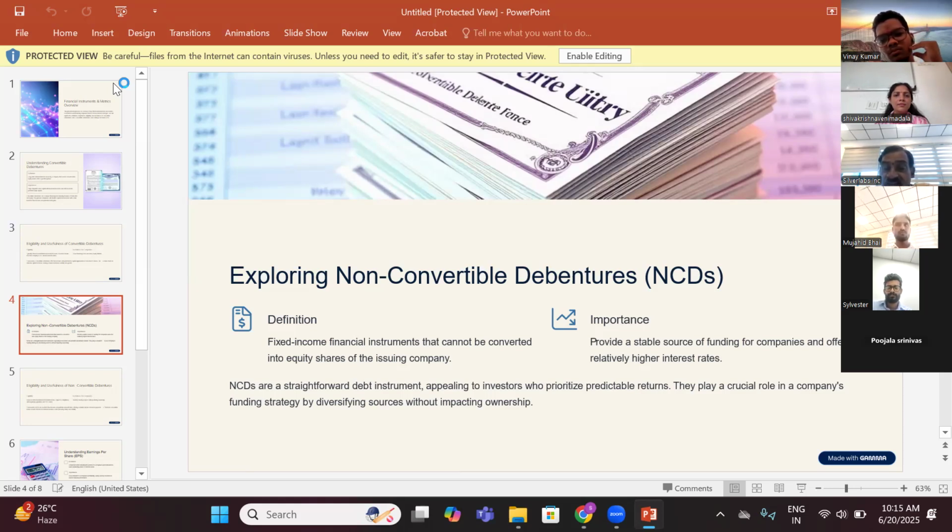According to that, investors will invest in those companies because they are rated by CRISIL and CARE, and they are in the range of double A or triple A as rated by CRISIL.